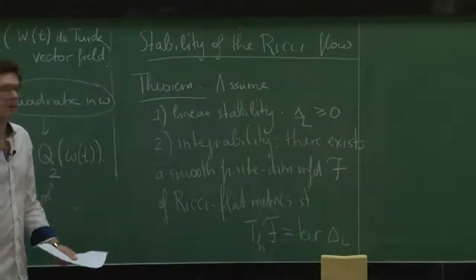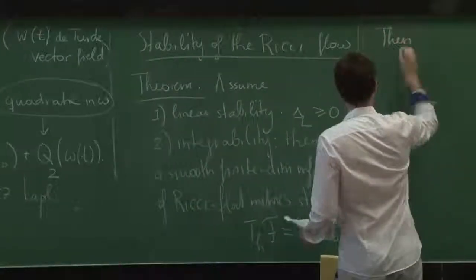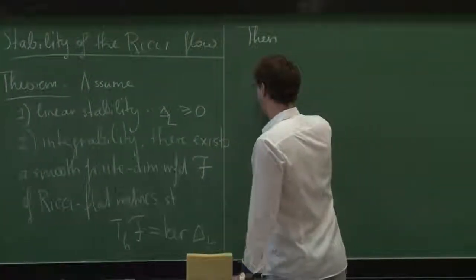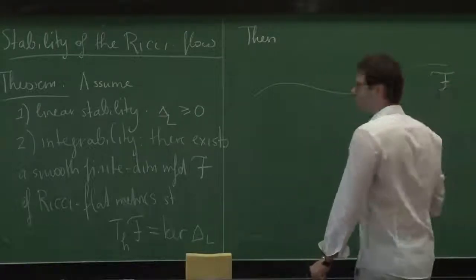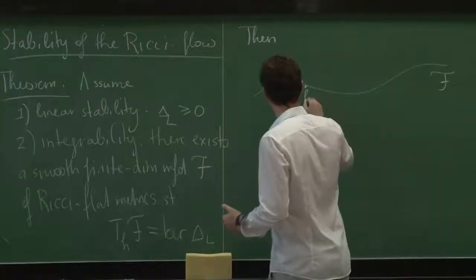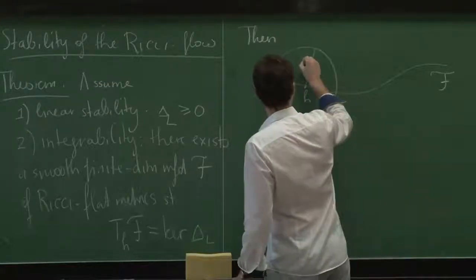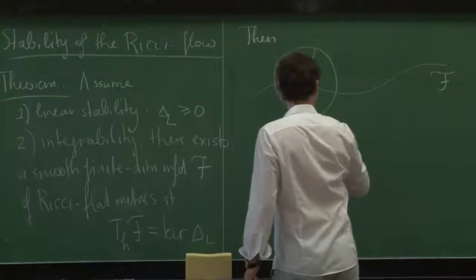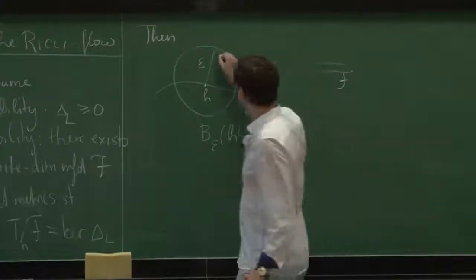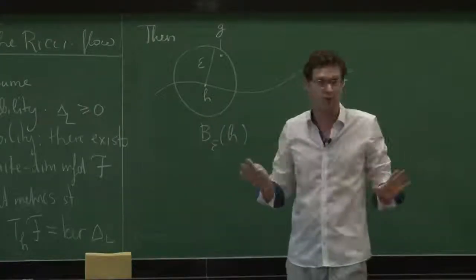Okay, so there are two conditions. What can we get if we assume these two conditions? Then, maybe I just paint a picture. The following is true. Imagine we have here our manifold of Ricci flat metrics, and I take a Ricci flat metric here, and I take an epsilon ball around here in whatever topology. So I can take a metric here. It's very close to a Ricci flat metric, but it need not be Ricci flat anymore.